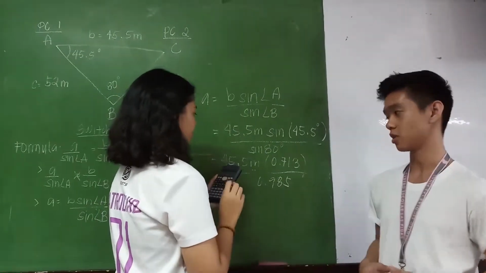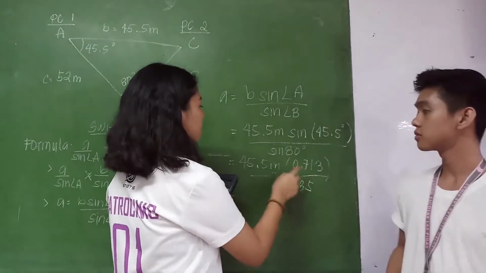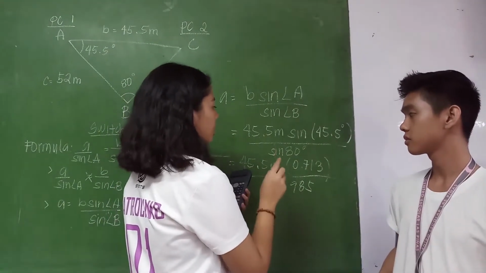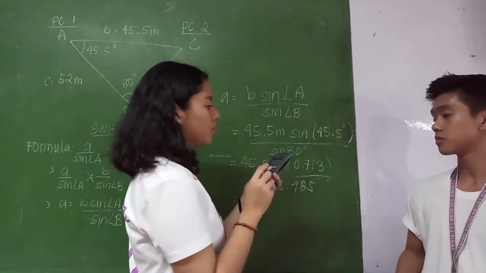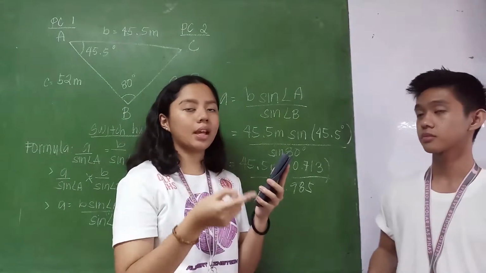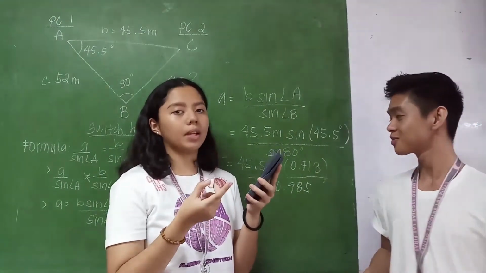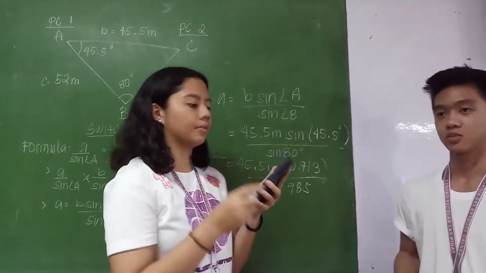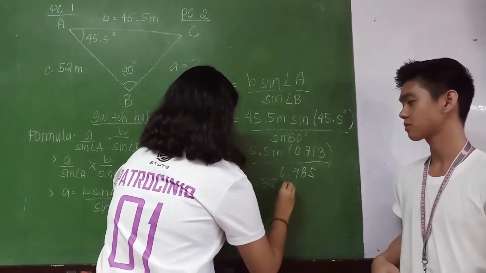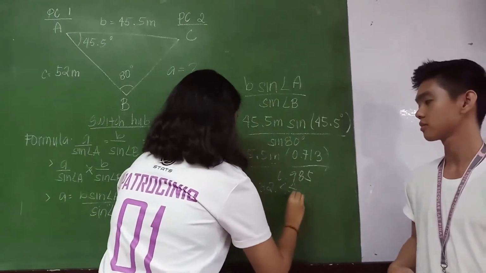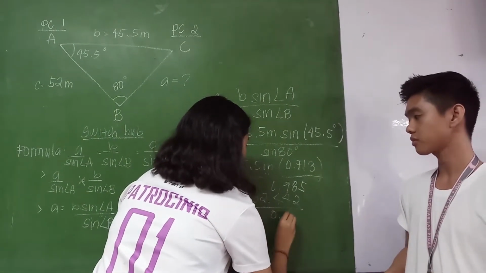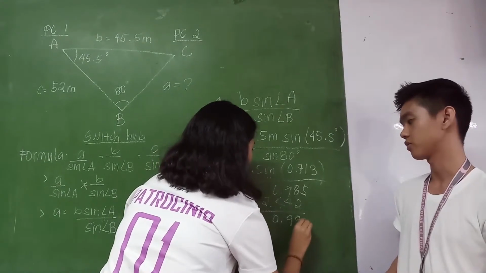Now we can solve the problem. We multiply, then divide. So 45.5 meters times 0.713 is equal to 32.4415. Since, like we said, we're going to stop at 3 decimal places, we will be rounding it off. So it will be 32.442 over 0.985.